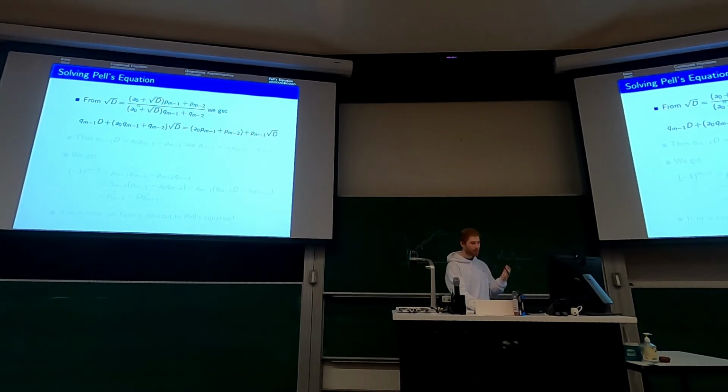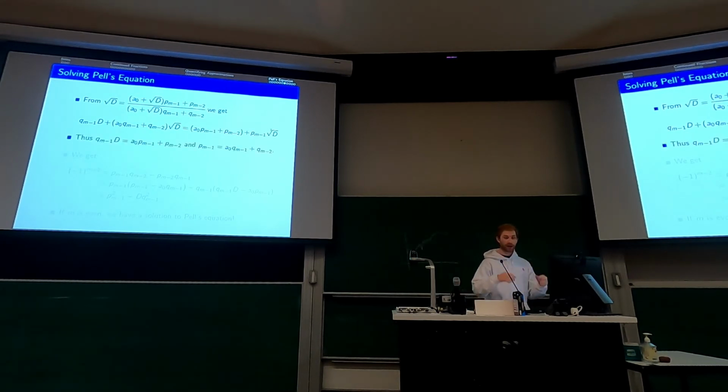And what we're going to get is we can equate the components with the square root of d in them and the components without the square root. So we get this equation: q(n minus 1) times d plus a0 q(n minus 1) plus q(n minus 2) times the square root of d is equal to a0 p(n minus 1) plus p(n minus 2) plus p(n minus 1) times the square root of d. So from that little lemma I had before, we can equate the rational parts and equate the irrational parts.